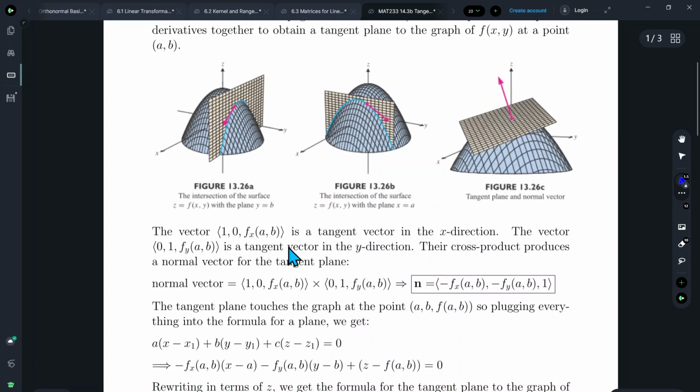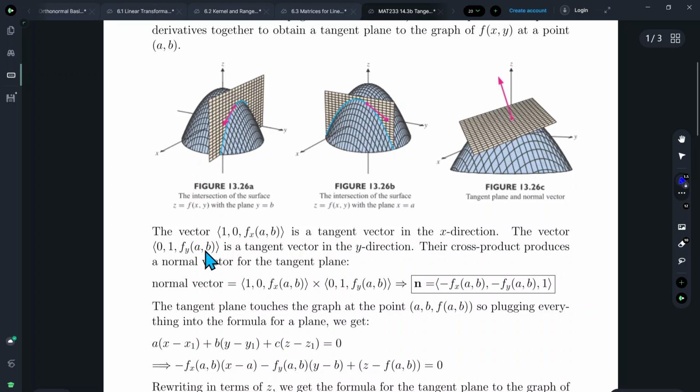I describe it here. This vector here is a tangent vector in the x direction, so that's representing this pink vector here. And then this vector involving the partial derivative with respect to y is a tangent vector in the y direction.